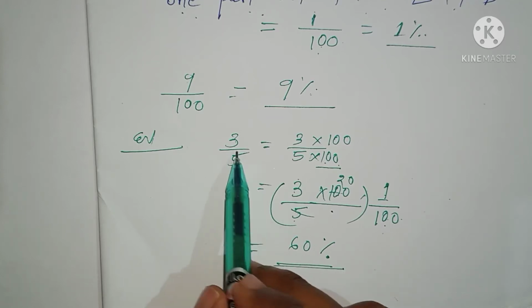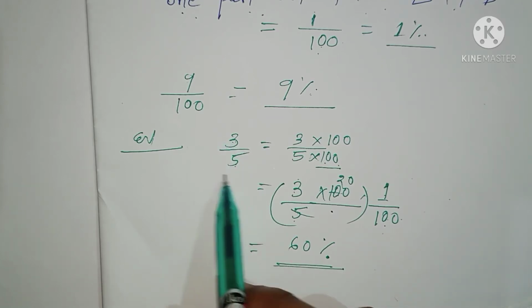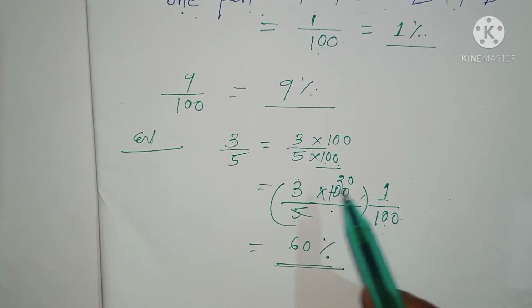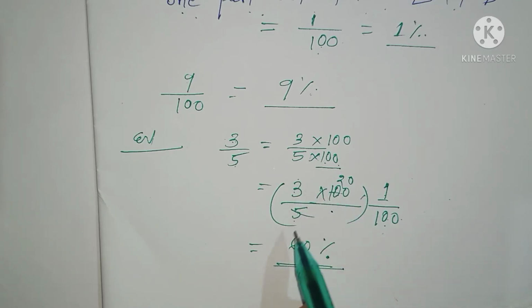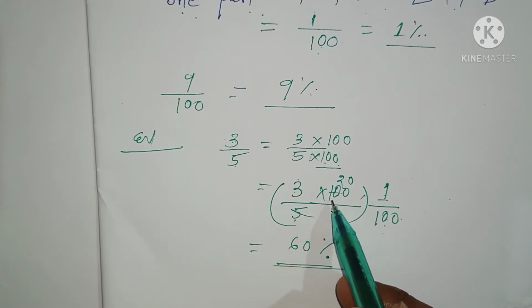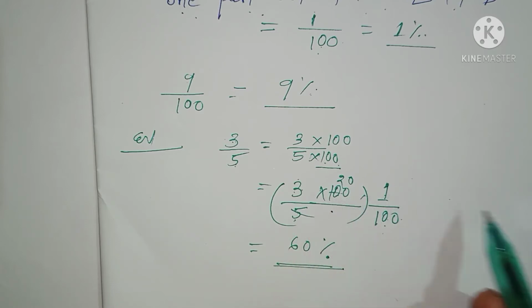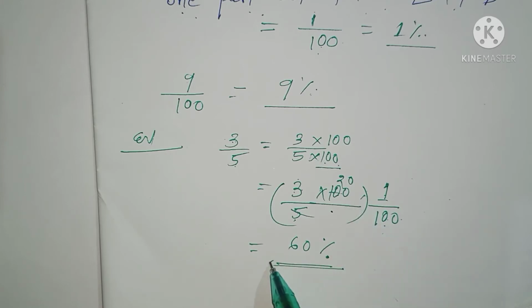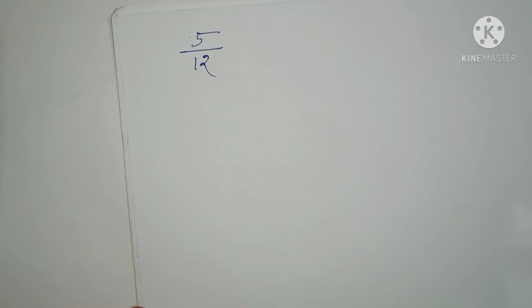It means whenever a fraction like 3 by 5 is there, we can simply multiply by 100%, and we will get the result easily.